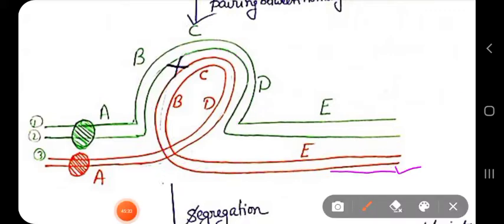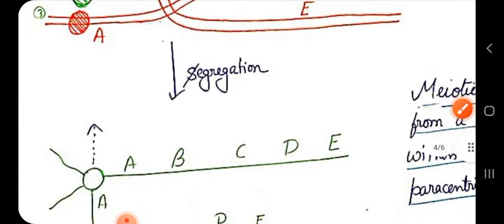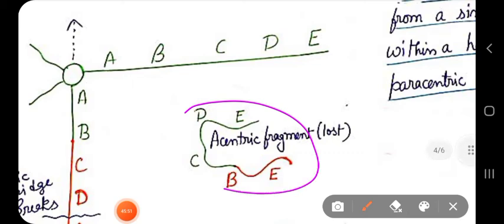Let's look at the fourth line. E, B, crossing over takes place, C, D, E. So this is the acentric fragment that occurred. That is a chromosome fragment without any centromere.